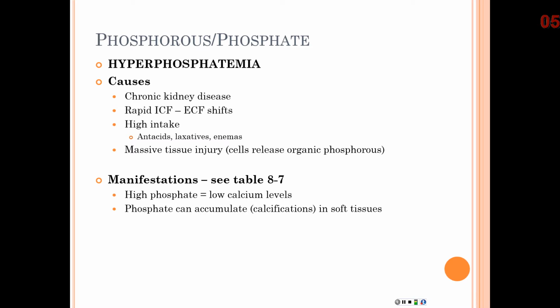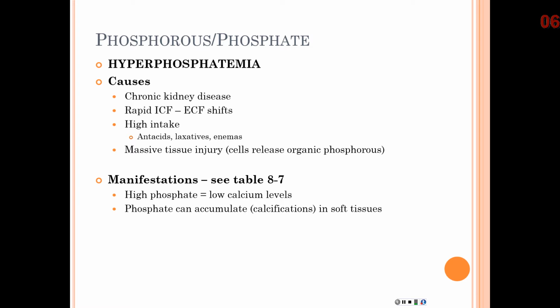In hyperphosphatemia, one of the causes is rapid ICF-ECF shifts. That exchange can sometimes cause that high intake. And the tissue injury is important. Particularly, we'll see that in burn patients or those that have had massive trauma.